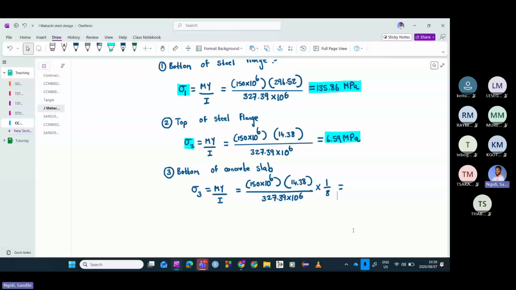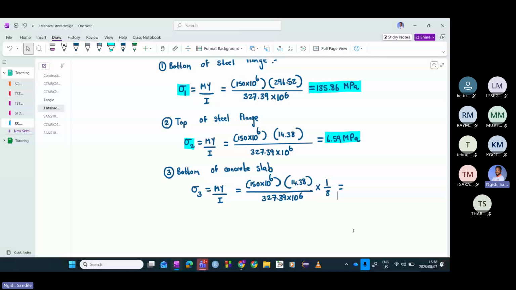Well, M is going to remain the same, so we're still going to have 150 times 10 to the power of 6. And you're going to divide by I, which is 327.39 times 10 to the power of 6. Let's multiply this by y. Is y changing? What's the value of y do we use here? 114.38. I agree. And then don't forget to multiply by 1 over 8.